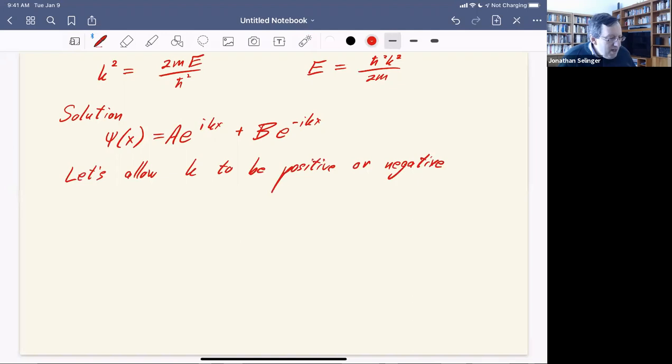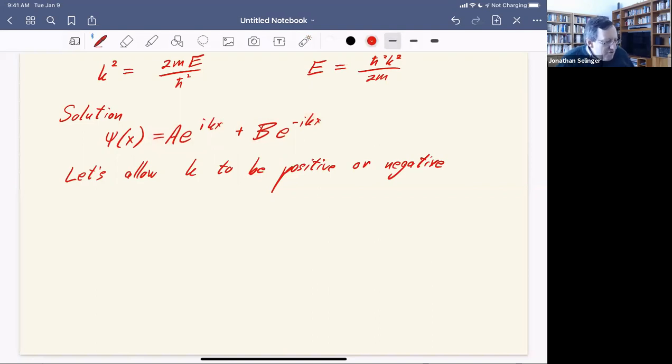In that case, if k can be positive or negative, then there's no need to consider these two kinds of solutions separately from each other. They're essentially the same thing.